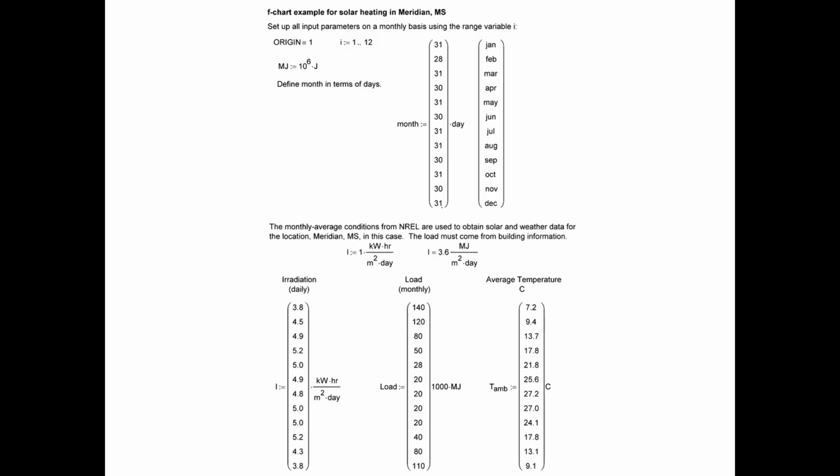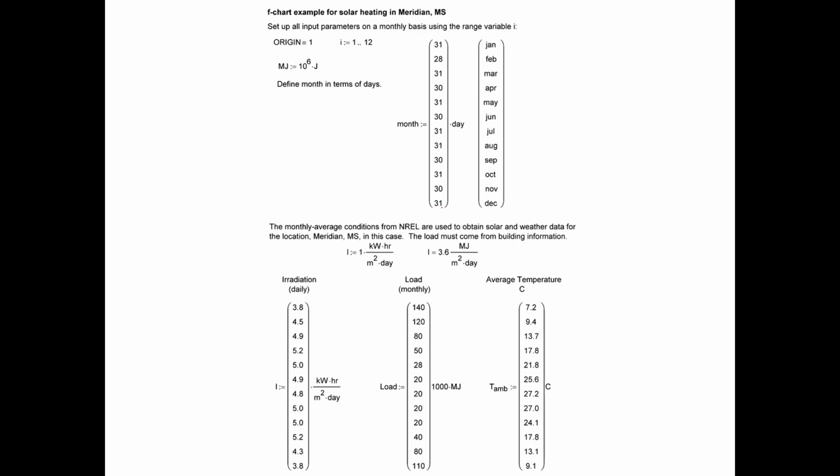First step, you would basically define the month in terms of days, right? So you have a matrix here starting from January down to December. Just indicate the number of days in each month. Following that, you would look at the monthly average conditions from the NREL. It's a website that has a lot of the weather data.